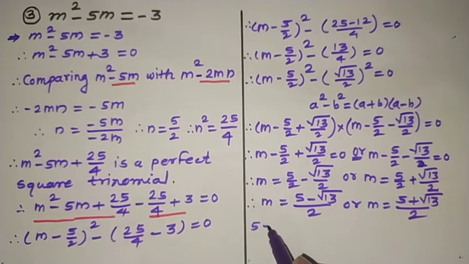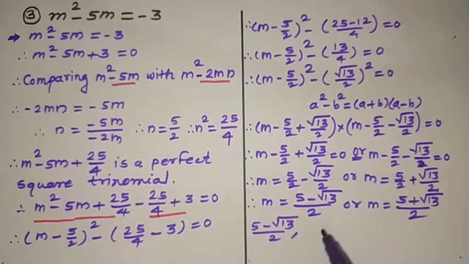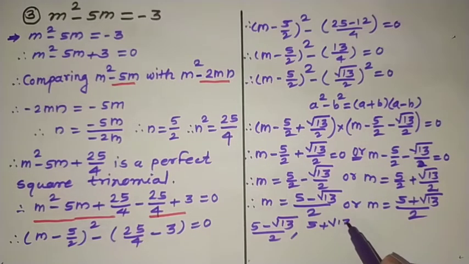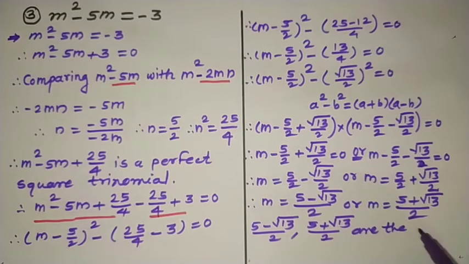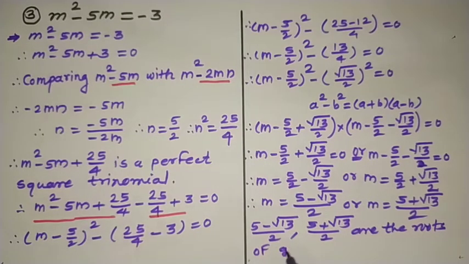Therefore 5 minus root 13 over 2 and 5 plus root 13 over 2 are the two roots of the given quadratic equation.